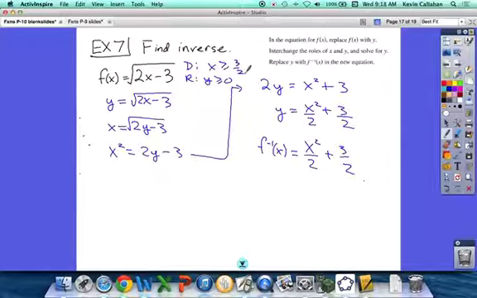Because these were the domain and range of the original function, the inverse has to have the flip of those, right? This thing has to have a domain of x greater than or equal to 0. Whatever the range of the original is, that's the domain of the inverse. And whatever the domain of the original function is, the inverse has to have that as its range. So it'll be y greater than or equal to 3/2.